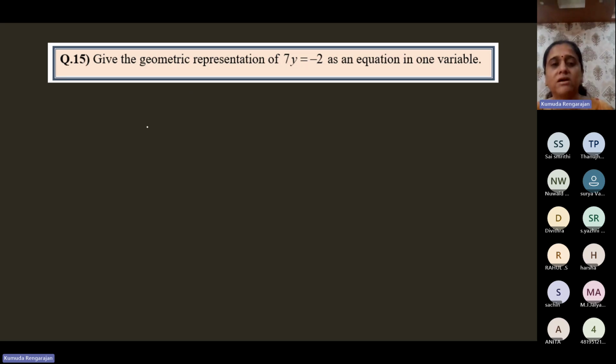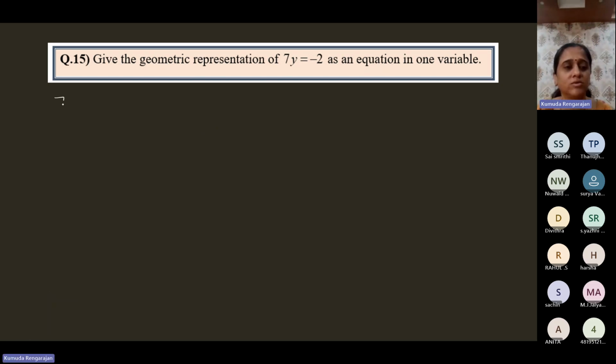Because we know that every linear equation in one variable can also be treated as a linear equation in two variables x and y. So here they want you to treat 7y is equal to minus 2 as an equation in one variable itself, and give its geometric representation.